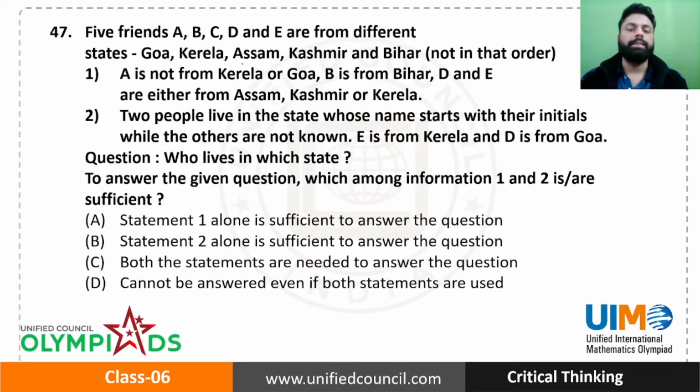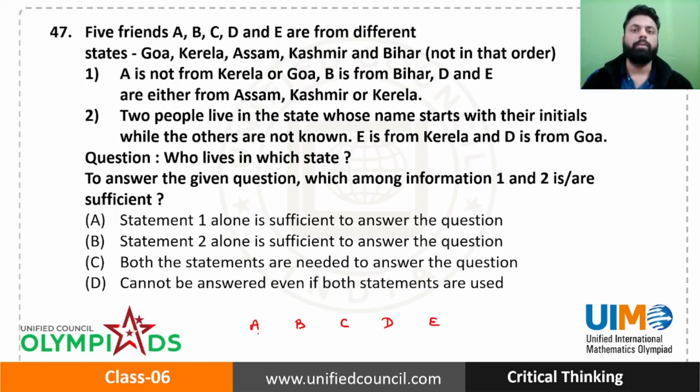Five friends A, B, C, D, and E are from different states, not in the order. So A, B, C, D, E. A is not from Kerala or Goa.